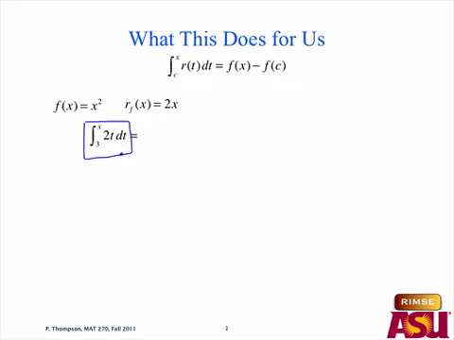Okay, is this a particular value or is this a function? And what makes it a function? You have an input and an output. Yeah. So what is the input and what is the output? Well, the input is from 3 to x, and the output is the accumulation.